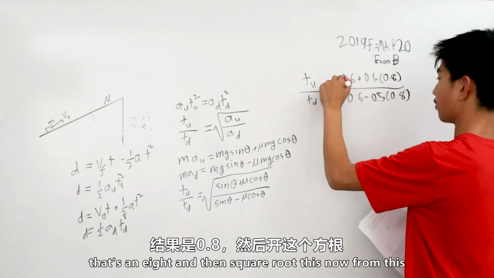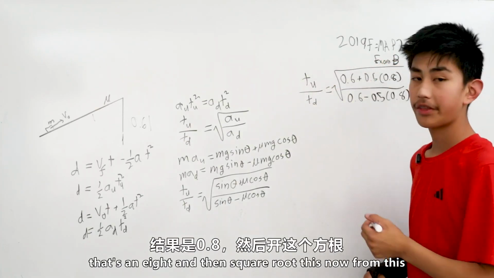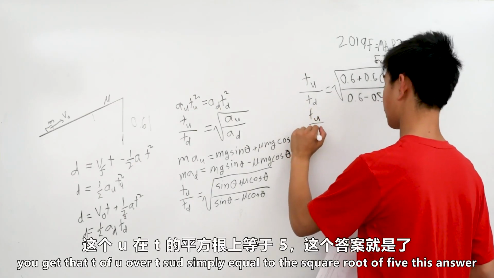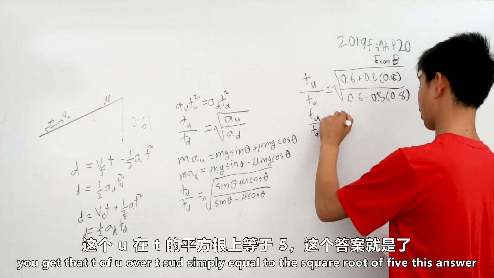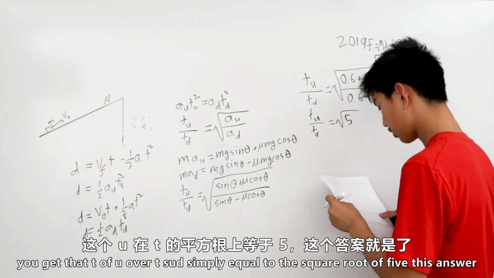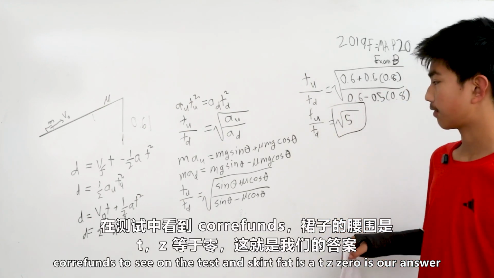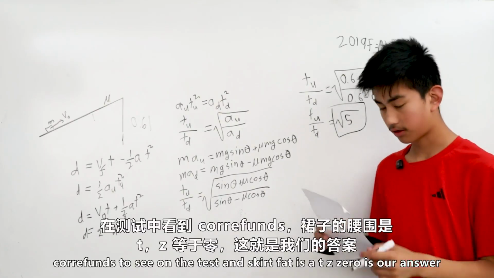That's 8 over 2, and then we take the square root. Now from this ratio, you get that t sub u over t sub d is simply equal to the square root of 5. This answer corresponds to C on the test, and square root 5 is our answer.